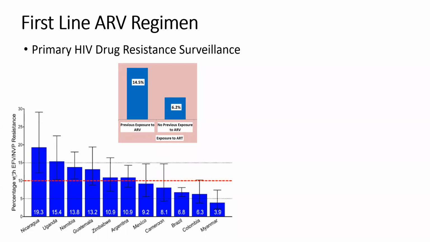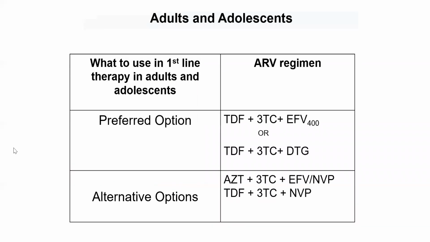So these two drugs, efavirenz and nevirapine: from a survey done by the World Health Organization around 2010, in Zimbabwe, the baseline or primary resistance was more than 10% for efavirenz and nevirapine. That's why I was saying that is the move where we are moving from efavirenz to DTG.